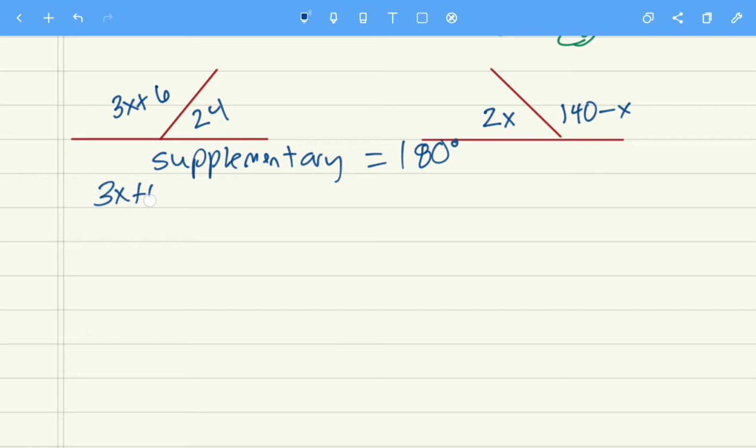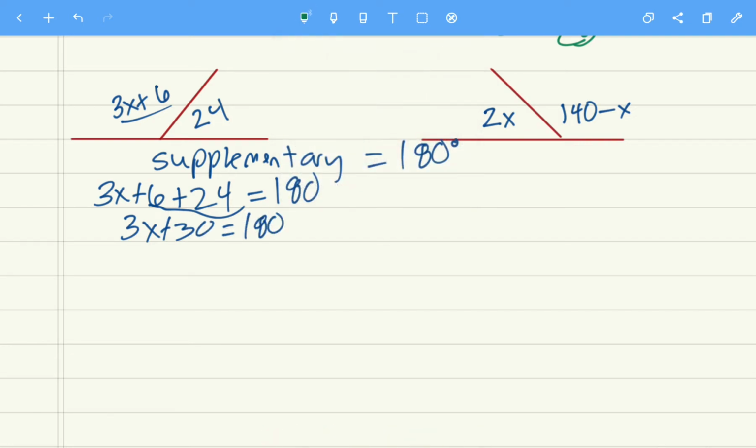So we got 3x plus 6 plus 24 equals 180. And let's solve for this angle right here. But first, we want to combine like terms.